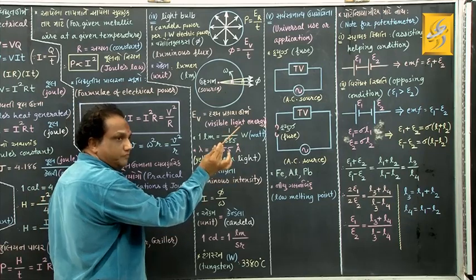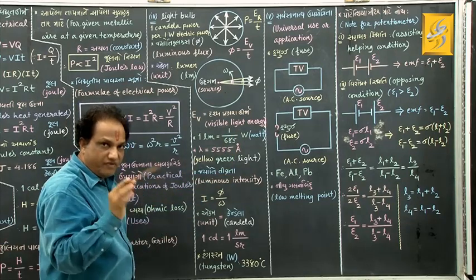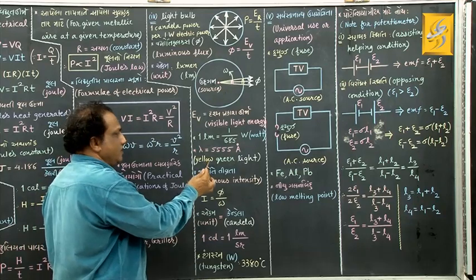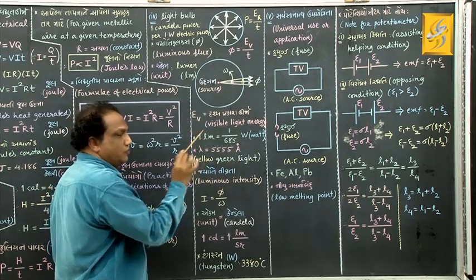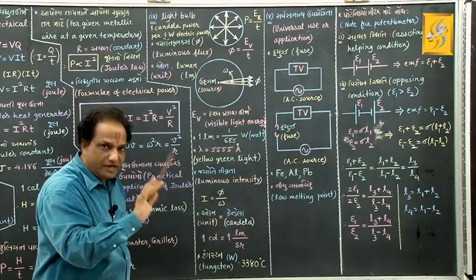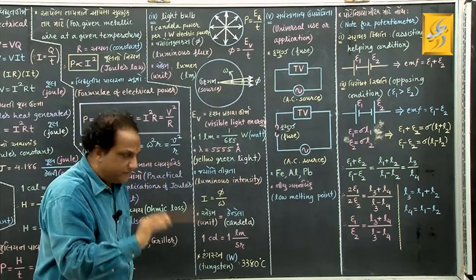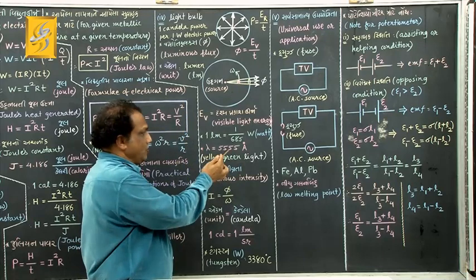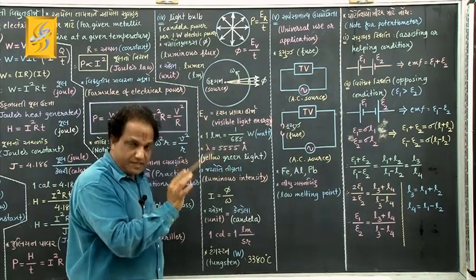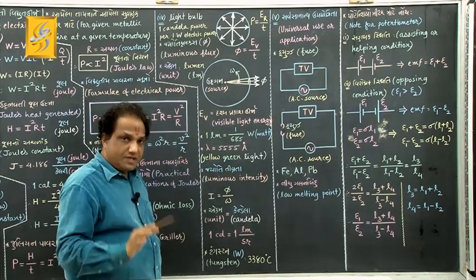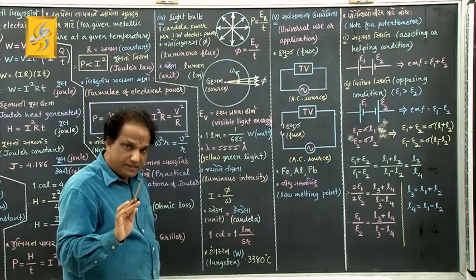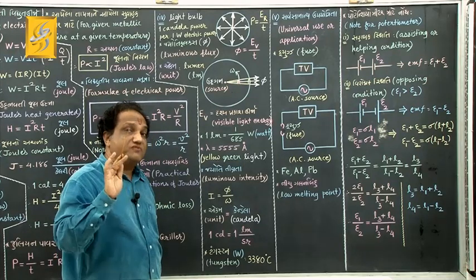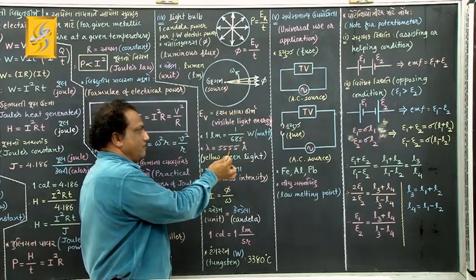5555 angstrom, and color wise we find that color to be yellowish green or greenish yellow, or you can say yellow green light, okay, fine. You may have a question why we are selecting this particular wavelength. The reason is that the human eye has maximum sensation of sight for this particular wavelength.